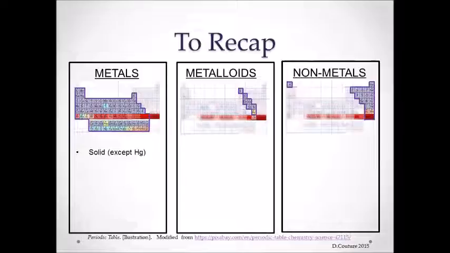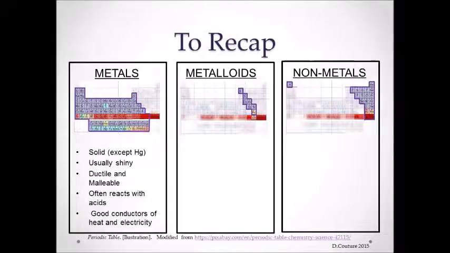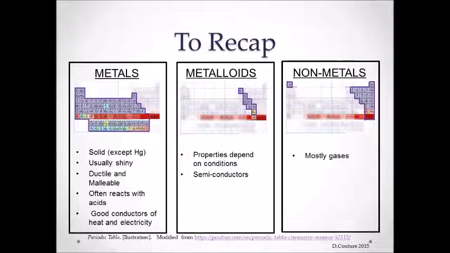Metals are solid, except mercury, usually shiny, ductile and malleable, often react with acids, and are good conductors of heat and electricity. Metalloids, properties depend on conditions. They are semiconductors. Nonmetals are mostly gases, and they are poor conductors of heat and electricity. Also, don't forget, if they're solid, they can be easily reduced to powder.